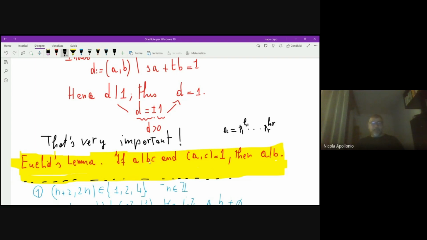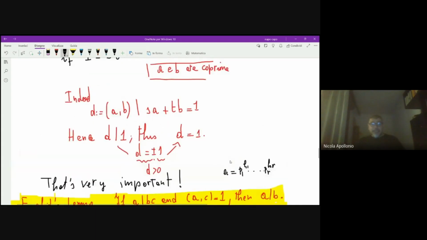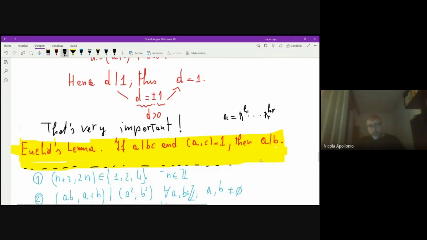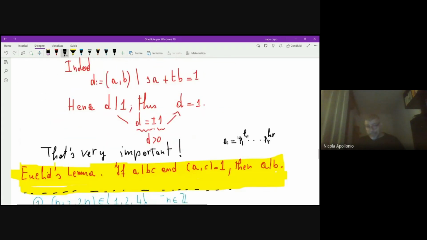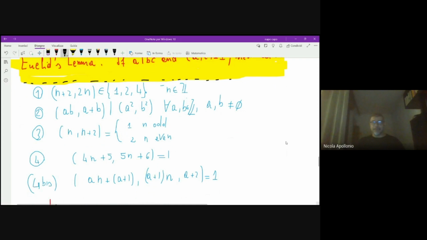So in this product, A cannot divide the prime factors of C because there is no common factor between A and C, but A divides the product of B and C, so it must divide the prime factors of B. This is a way to see Euclid's lemma, but proving it this way requires the fundamental theorem of arithmetic. On the contrary, it is just a one line proof using Bezout identity. It's a trivial consequence of Bezout identity.